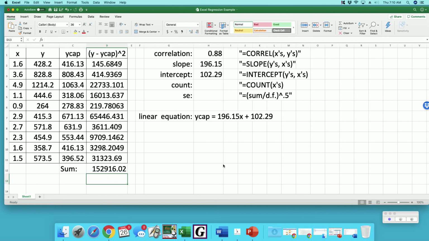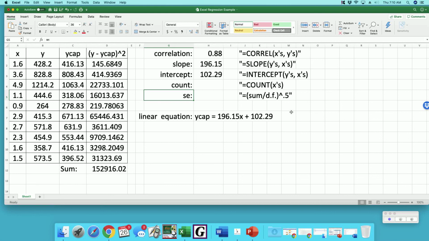All right, there's a couple more things we need, because SE is our standard error. And our standard error is the sum divided by the degrees of freedom, raised to the 1/2 power, which means you're taking the square root.